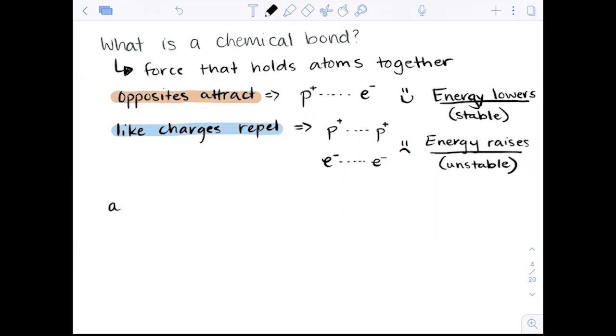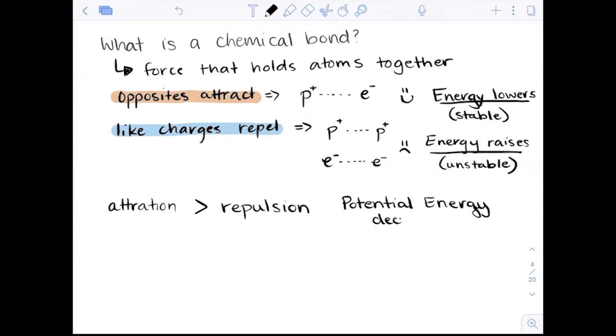We want the attraction to be greater than the repulsion. This would be the idea that potential energy overall decreases when bonds are formed.